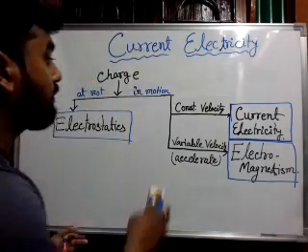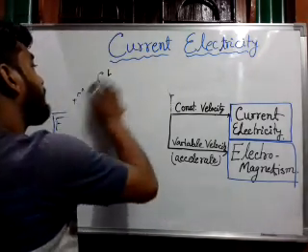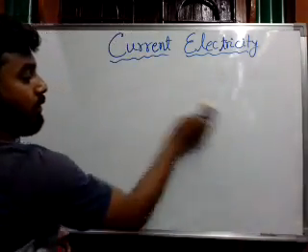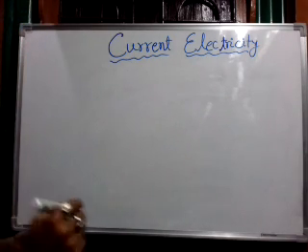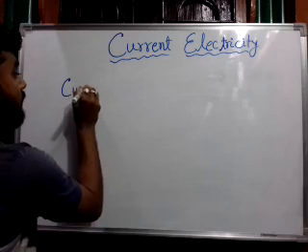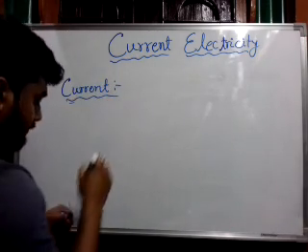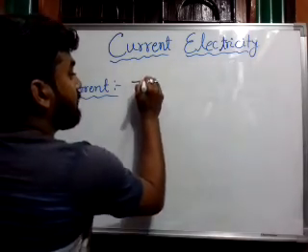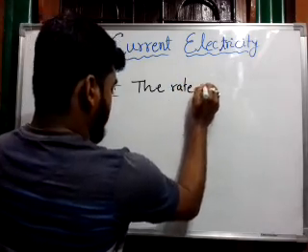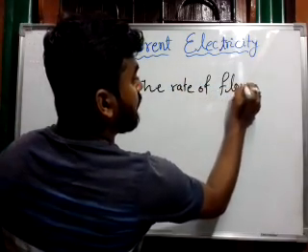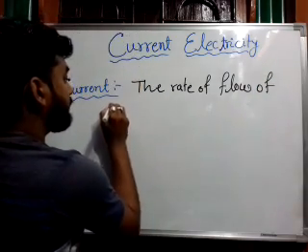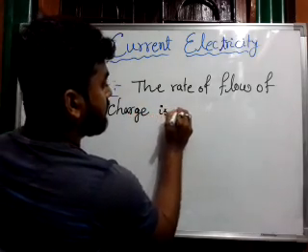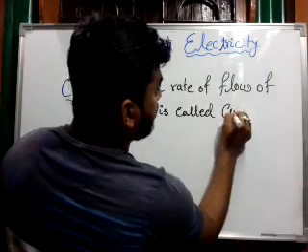Now, what is called current? The rate of flow of charge is called current.